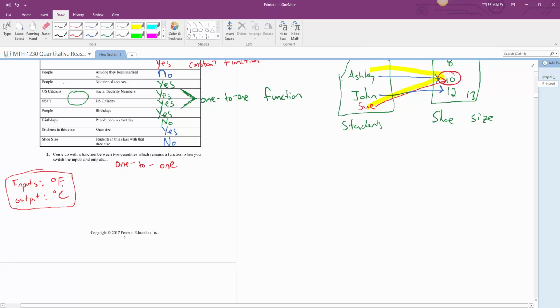Fahrenheit temperature. Another example of this could be maybe your inputs are the number of gallons of water, and your output is maybe the weight of the water.